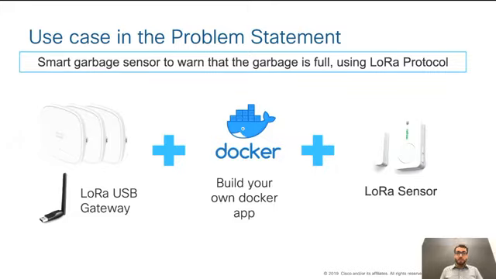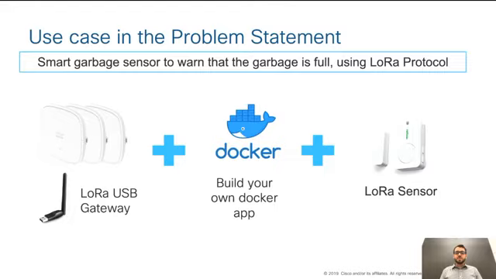Let's break down how this use case could be solved using a Cisco access point. First, here to the left, you would need an access point, but the access point by default cannot talk LoRa protocol. So we would need to extend the access point to be able to talk LoRa.